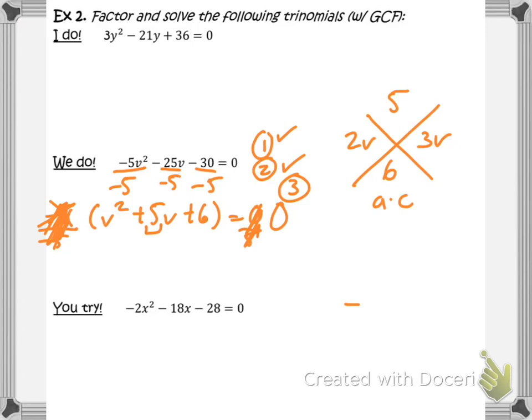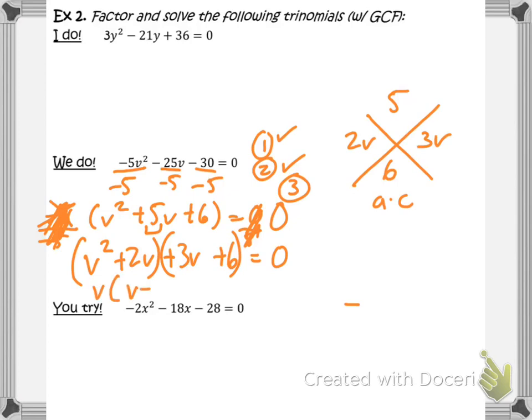So I can rewrite this as, for step 4, v squared plus 2v plus 3v plus 6 is equal to 0. Factor by grouping. I can factor out a v from here, and this gives me v plus 2. The second one, I can factor out a plus 3, and that's going to give me v plus 2.